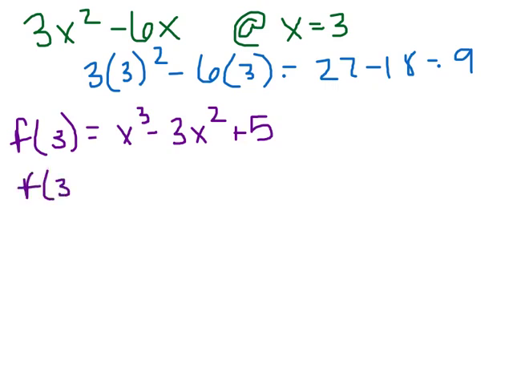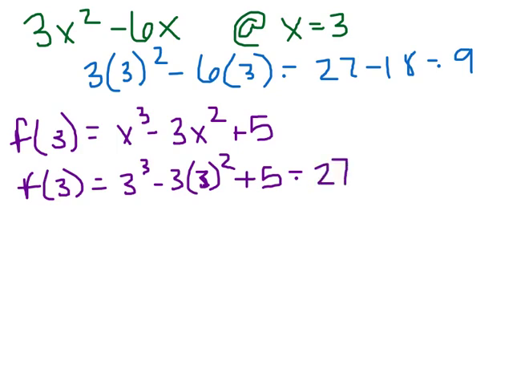F of 3 equals 3 cubed minus 3 times 3 squared plus 5. That equals 27 minus 27 plus 5, which is just 5. So our point is (3, 5).